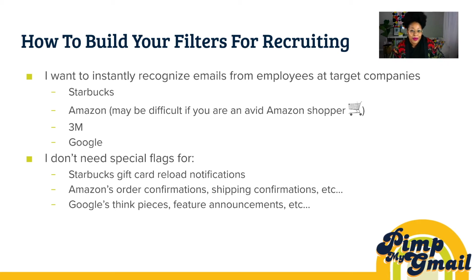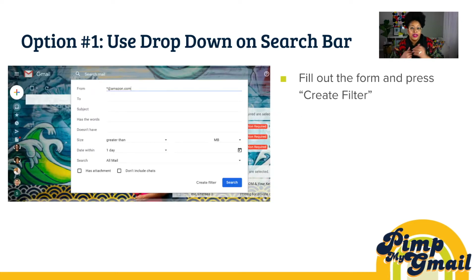So I'm going to first show you how to create a filter because there's a couple of different ways. First, you can use the drop-down search bar. I'm going to show it to you live, but let's talk about it first. You can use the drop-down menu and fill out the form and create a filter in real time.